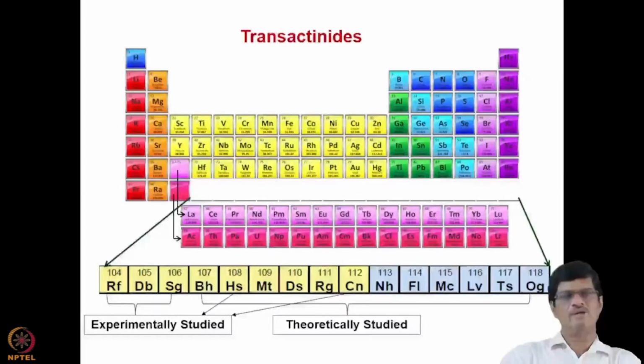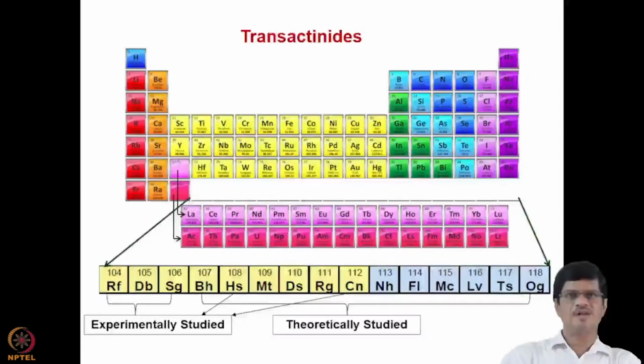Nevertheless, the early transactinides like Rutherfordium, element 104, dubnium, element 105, seaborgium, element 106, and hassium, element 108, have been studied chemically in aqueous medium. Also, gas phase chemistry of these elements has been studied extensively. There is also a recent gas phase chemistry report of element number 112.